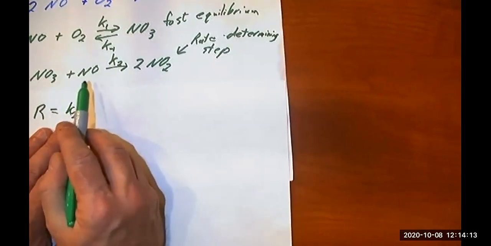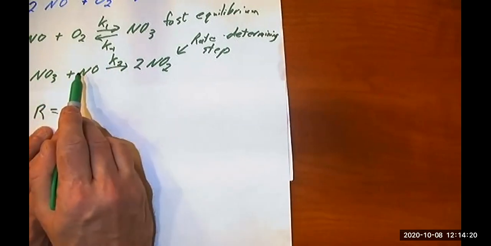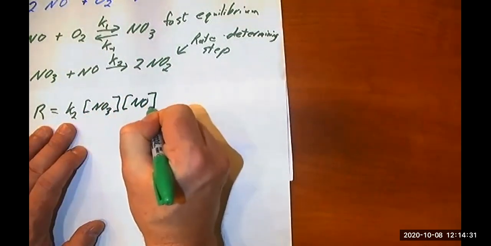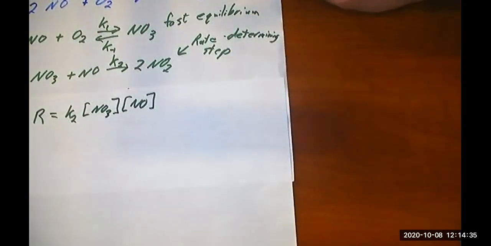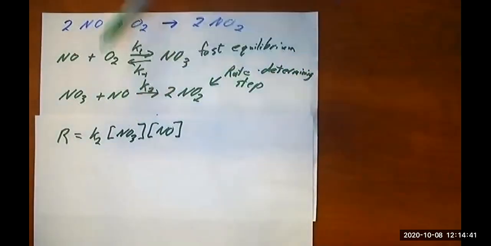So the way we do this is we take the rate constant for that step multiplied by the reactants for that step raised to the powers of their stoichiometric coefficients, which are 1 in this case. So K2, NO3, NO. Now, if we look at our overall reaction, which is up top, we see that NO3 is not part of this reaction.